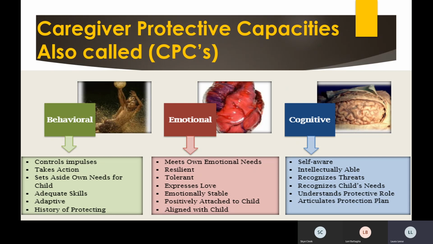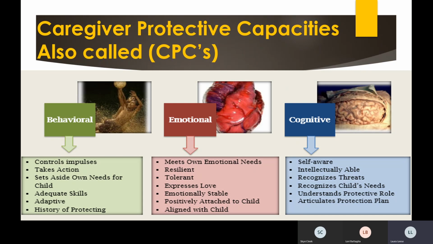Below it has the following underneath behavioral protective capacities. And remember, this is all with respect to protecting their child. So are they demonstrating the ability to control any impulses that they have to protect their child? Are they taking action to protect their child?